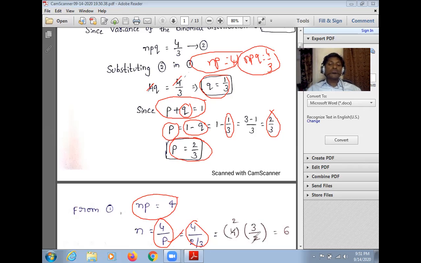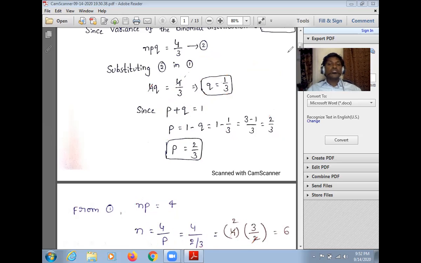Doing the cancellation, 2 into 2 is 4, then 2 into 3 is 6. So n is equal to 6, p is equal to 2 by 3 and q is equal to 1 by 3. Now we have got all these values, so coming to the next one.